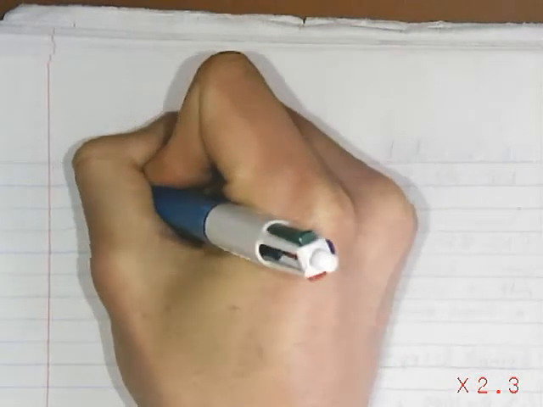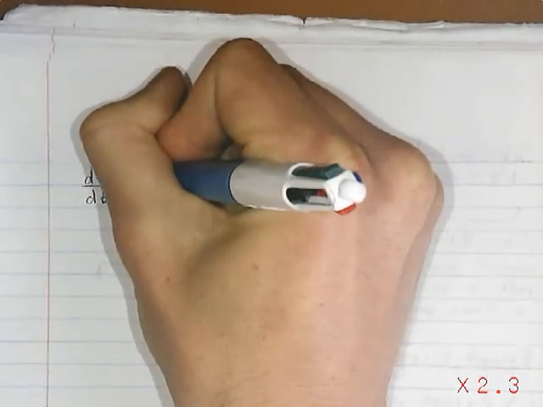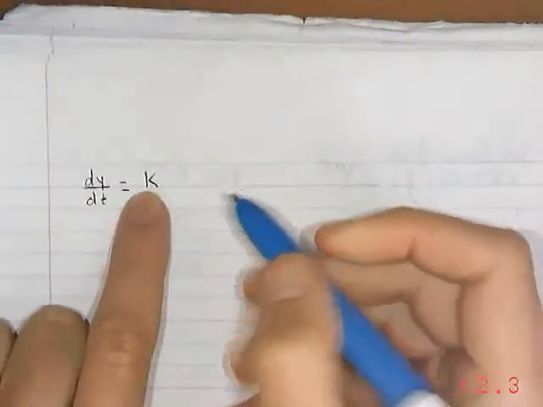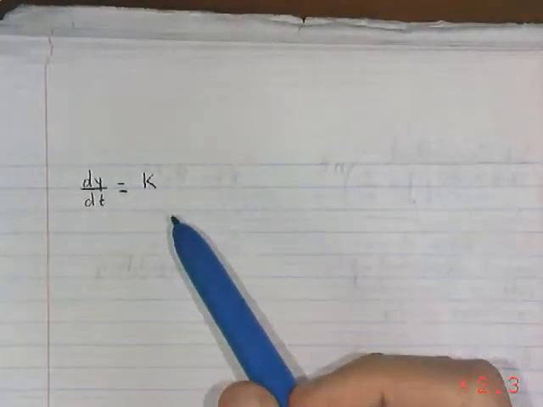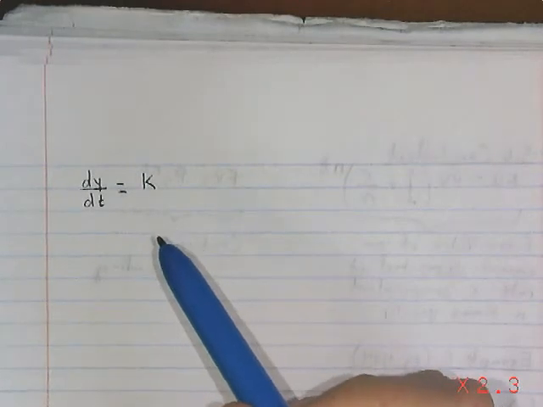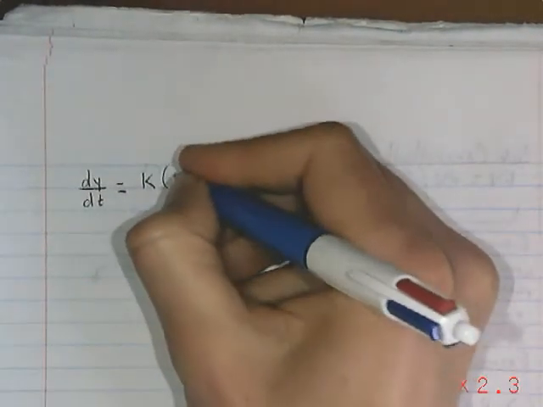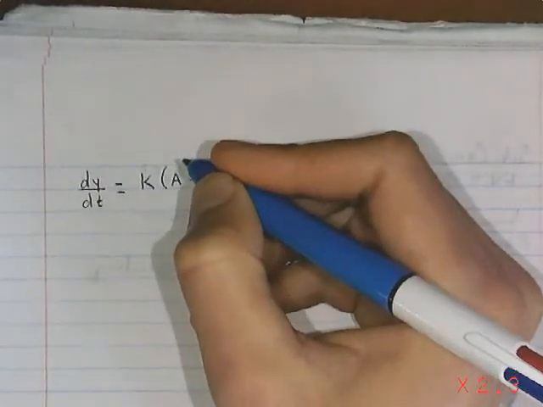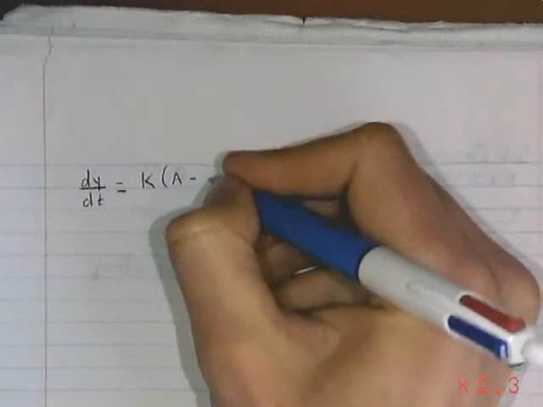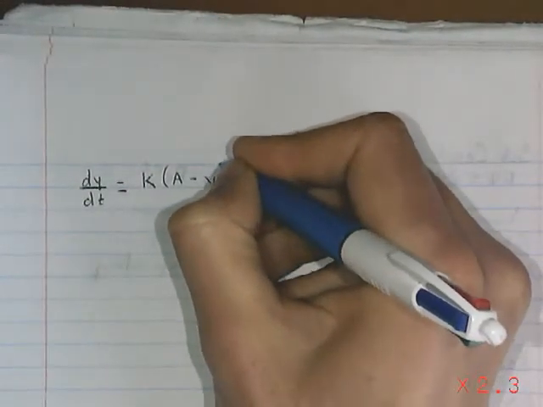a way that it is proportional. Remember that direct proportion we worked earlier in this lesson means that it's some constant times some other quantity. Well, the quantity that it is proportional to is the difference between a fixed number a, difference meaning subtraction, and its size, it being the quantity itself, being the function, otherwise known as y.